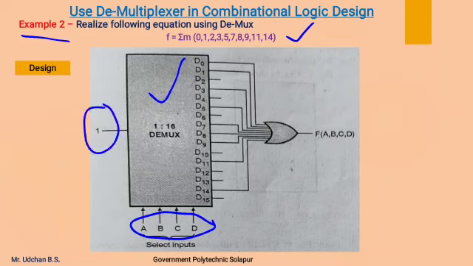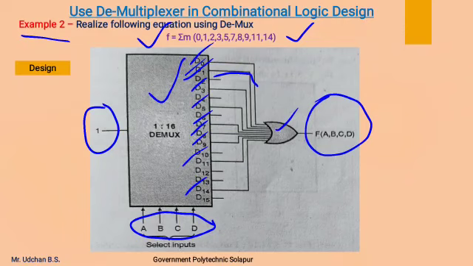Now the decimal numbers available in the given equation are ORed together, that is 0 1, 2 is not connected so we have to connect 2 also, 2 3 5 7 8 9 11 and 14 ORed together to get the final output. This is how we can use a demultiplexer for combinational logic design.